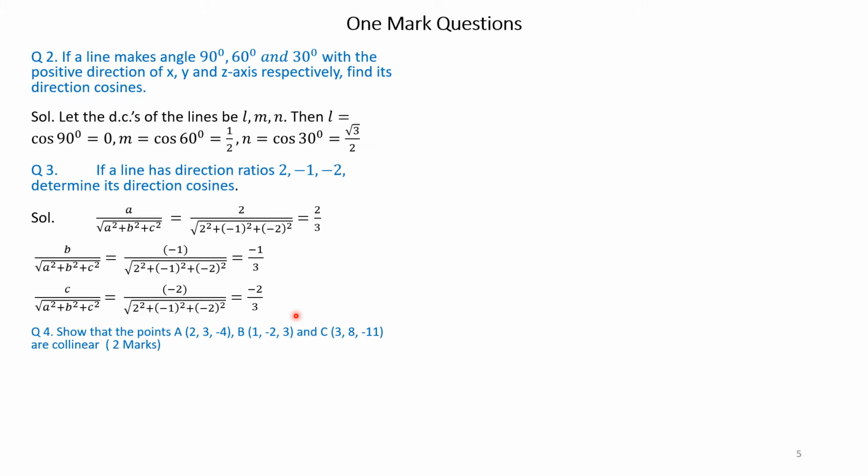Next question. Show that the points A(2, 3, 4), B(1, minus 2, 3) and C(3, 8, minus 11) are collinear.